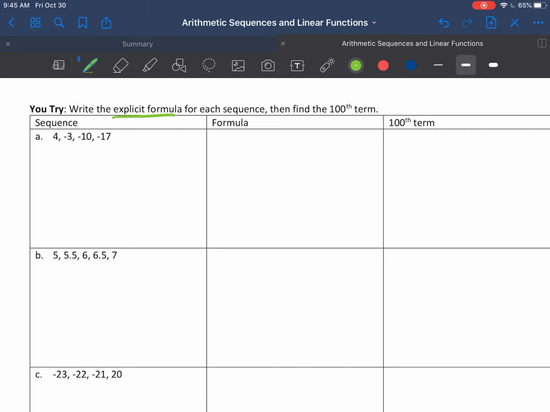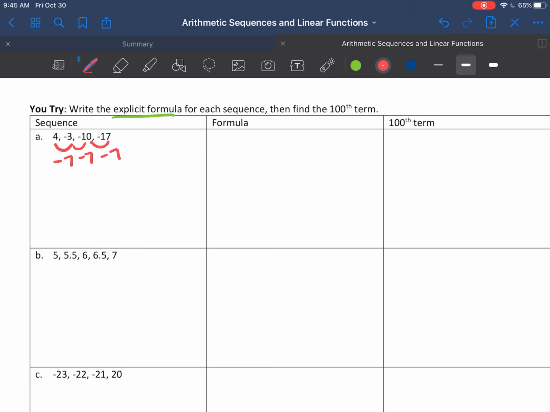Okay, so we need to write the explicit formula for each sequence and then find the 100th term. Okay, and so first we need to find the slope or the common difference. And so to get from 4 to -3, I would have to subtract 7.